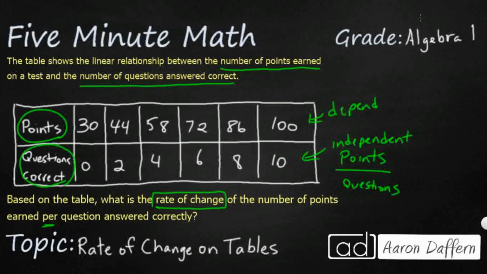Well, knowing what I know about dependent and independent variables, I know that my independent variable is usually my x. My dependent variable is usually my y. So what I'm looking for is how does my y change? So my change in y, I'm going to use that delta symbol there, over my change in x.